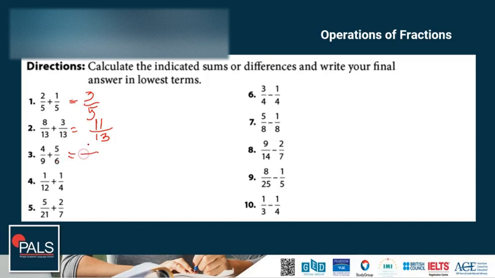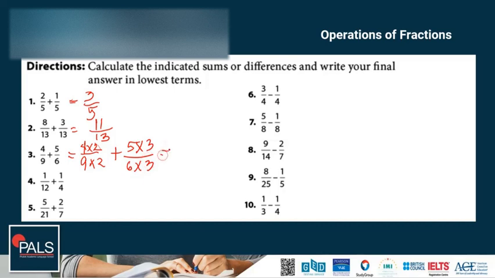So we have 4 times 2 because 9 times 2 is 18, plus 5 times 3 over 6 times 3 because 6 times 3 is 18.